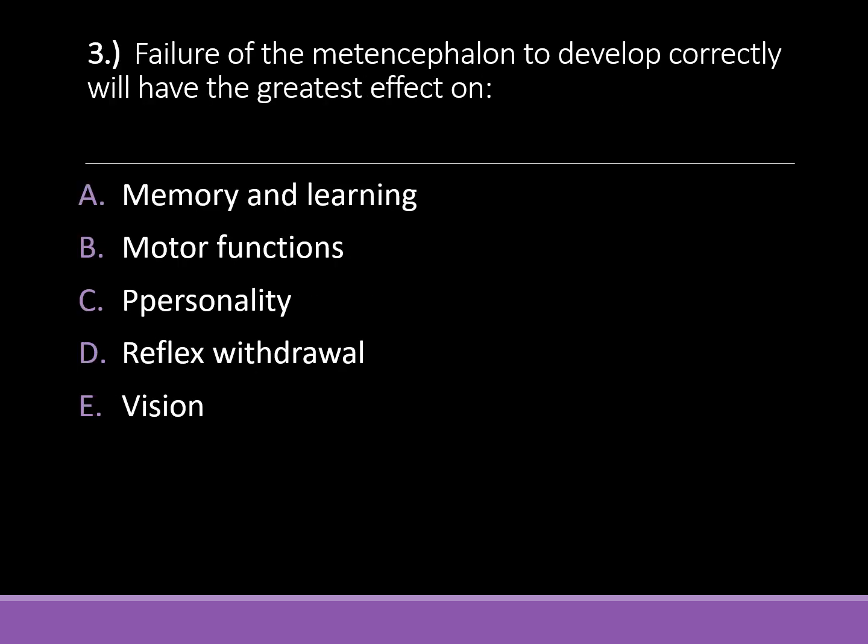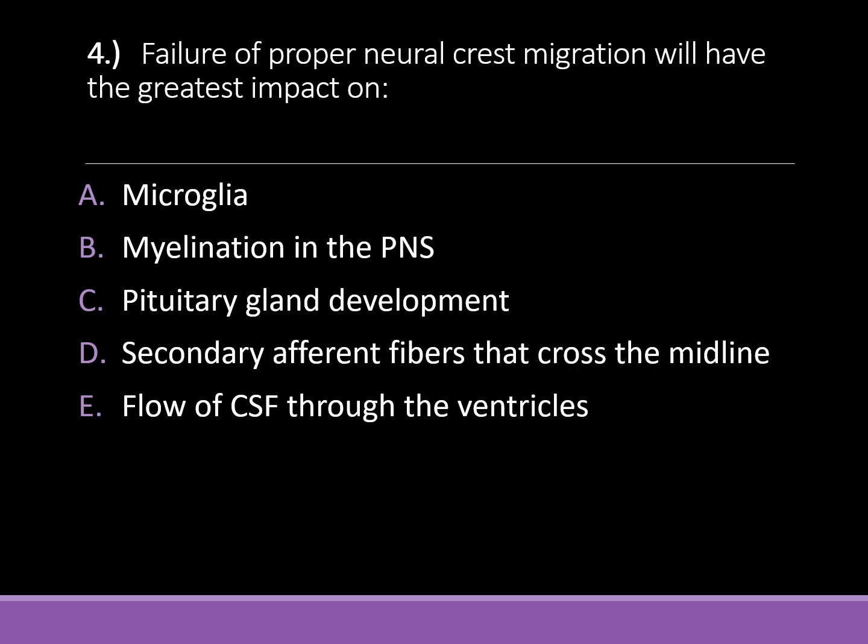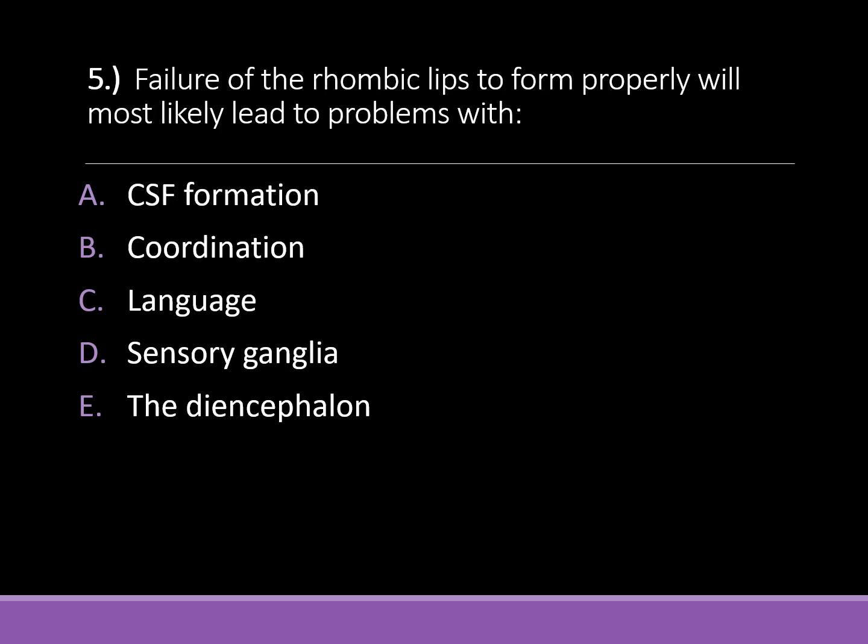Number 3, failure of the metencephalon to develop correctly will have the greatest effect on what? 4, failure of proper neural crest migration will have the greatest impact on? So pause at any of these that you need to and make sure you can answer. Number 5, failure of the rhombic lips to form properly will most likely lead to problems with what?